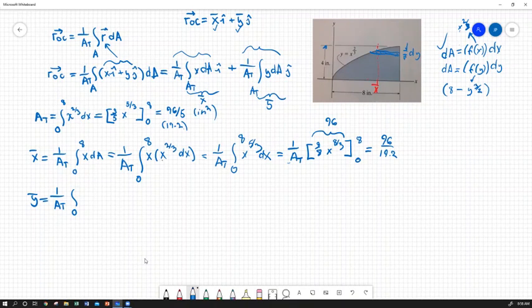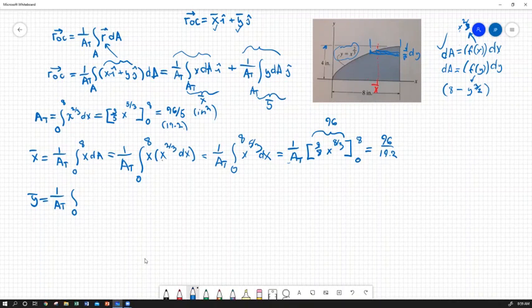dy. And my strip length is going to be the 8 inches minus the x value for a given y. So, Cynthia, we had to get y in terms of x to do that.